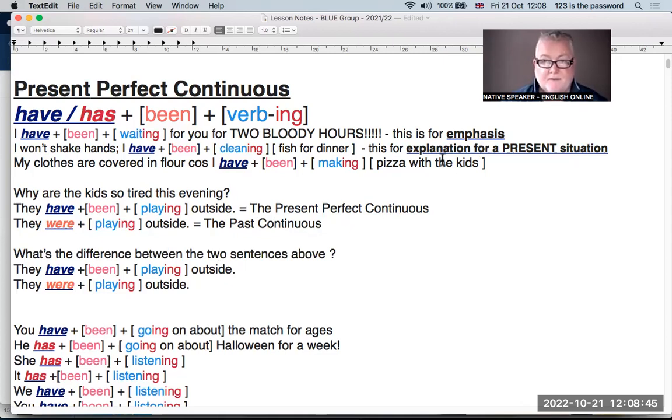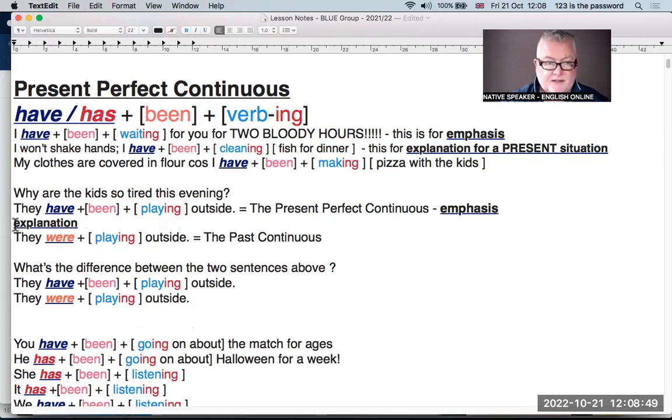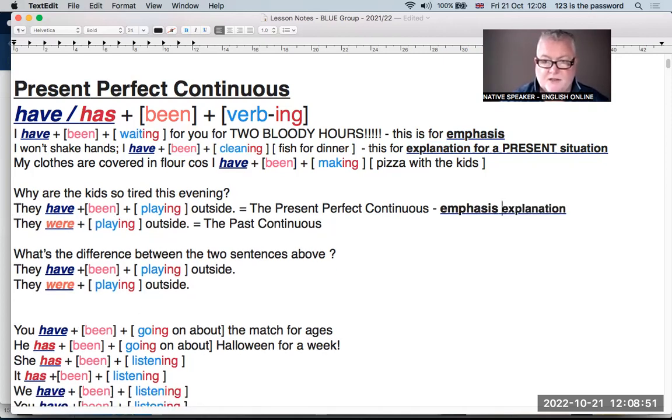Present perfect continuous is used for emphasis and explanation. It's used for emphasis and explanation. Past continuous can also be used for explanation. But they're not exactly the same. Can you see the difference between those two sentences and what they mean?